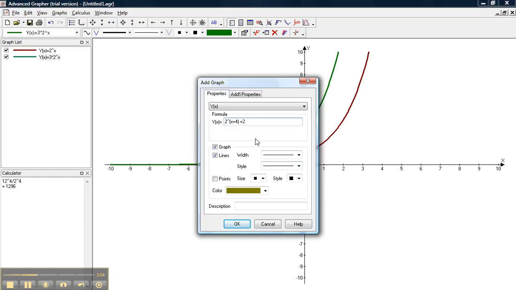What's going to happen? If you remember with graph theory, you need to review this if you don't remember. But here we have a function with x plus 4, which is going to shift this entire graph 4 units to the left. This 2 is going to shift it 2 units up.